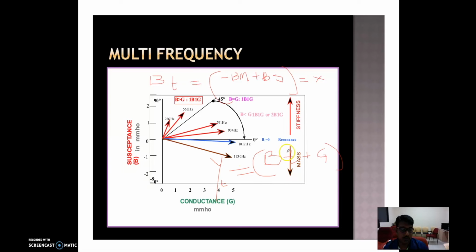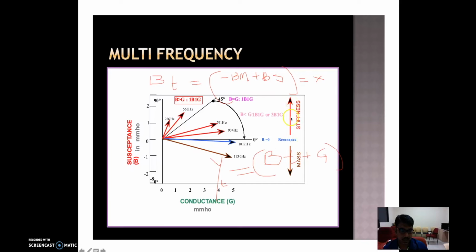Now since this Bt has become 0, the total admittance offered by the system at this point, which is close to 0, is just because of the conductance and not because of the mass component or the stiffness component. And that is what is considered as resonance.